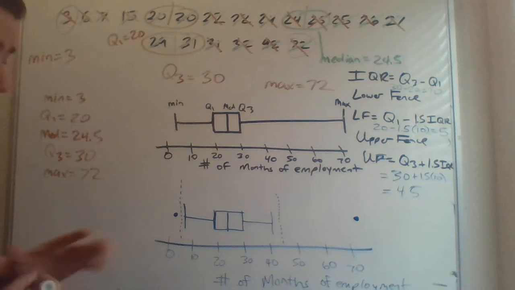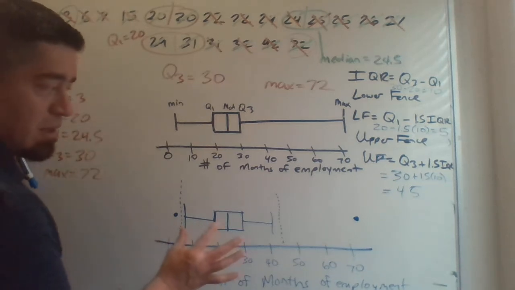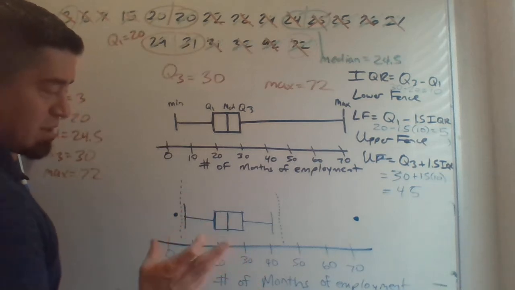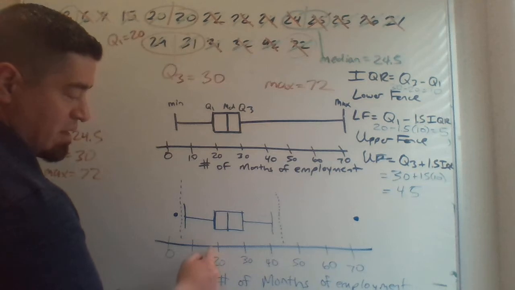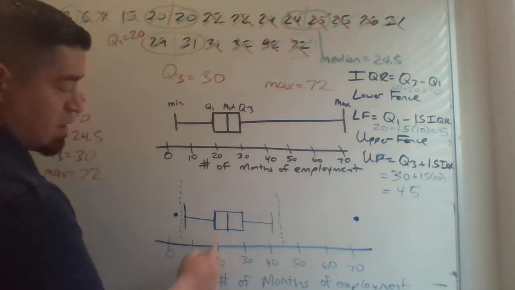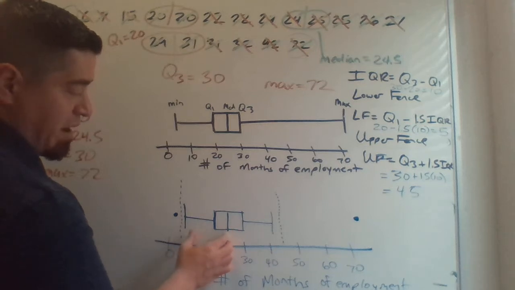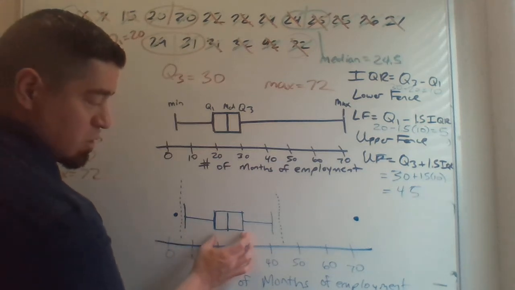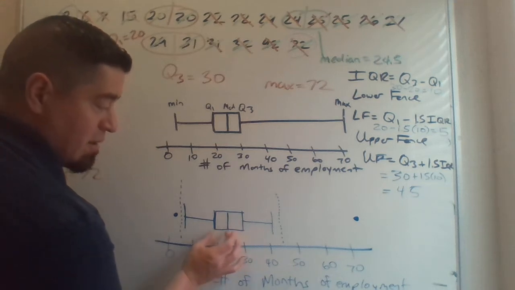So again, the nice thing about this is you can see outliers. You're also able to see different quartiles of the data. I can see that 25% of the data is less than 20. I could also see 50% of the data is less than 24.5. I could also see that between 20 and 30 I have contained 50% of my data.